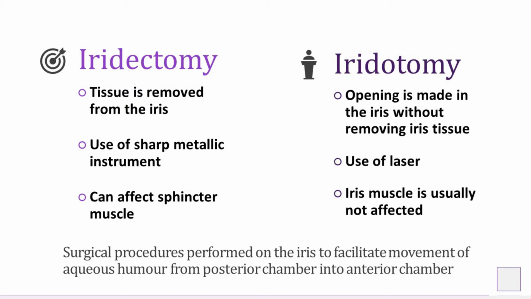Another difference is that in iridectomy, the opening is made with the use of sharp instruments, while in iridotomy, the opening is usually made with a laser. And lastly, in iridectomy, the sphincter muscle can be affected, whereas in iridotomy, the iris muscle is usually not affected.